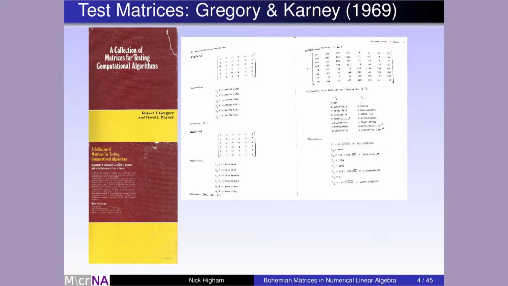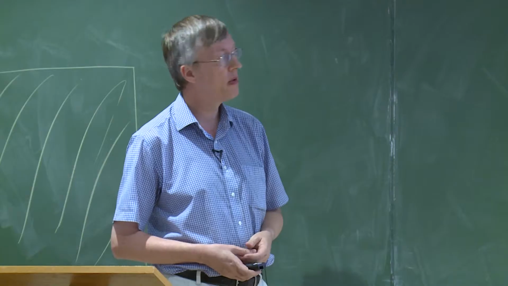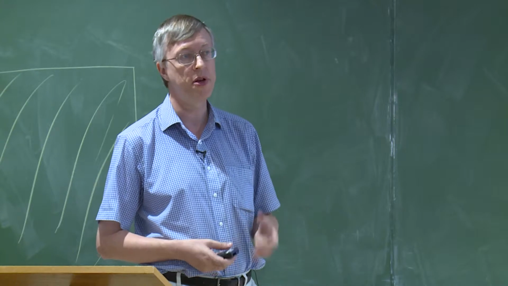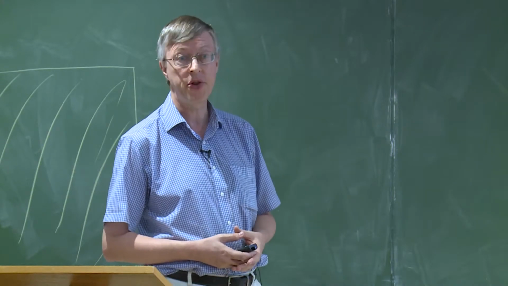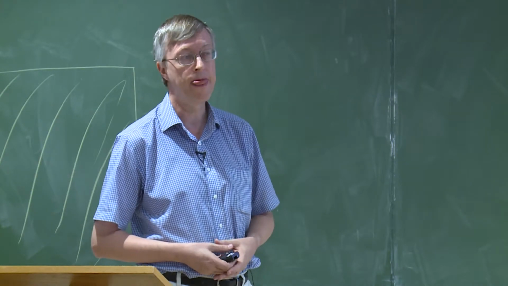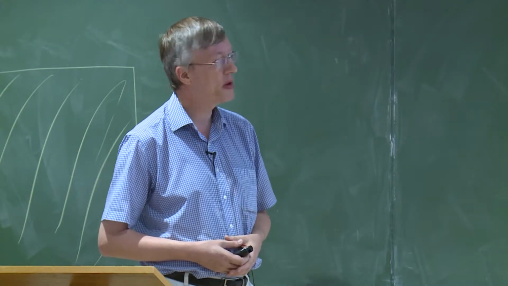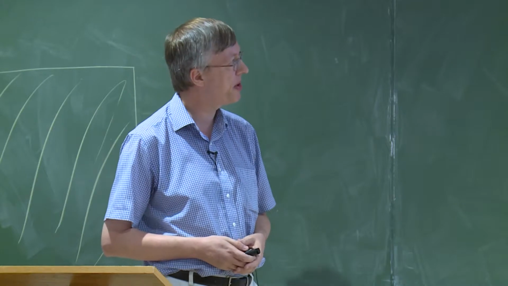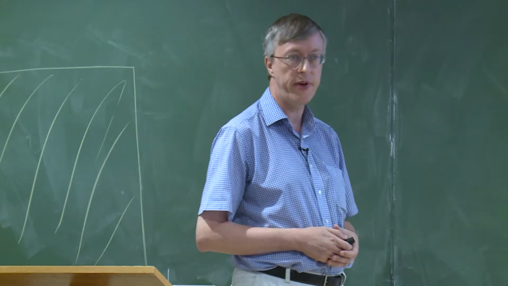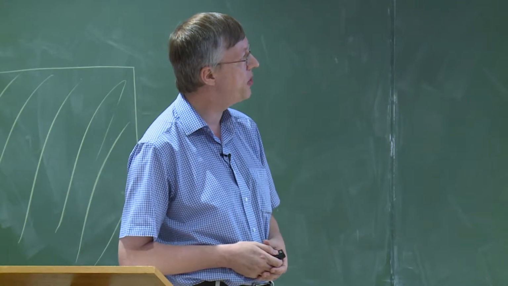And typically they would print the eigenvalues. These may have been computed, or they may be exact, or maybe the eigenvectors, or the inverse, or the determinant. So a collection of matrices in which explicit things could be said about the matrix properties. And so that's where I really first came across this notion of interesting small integer matrices.